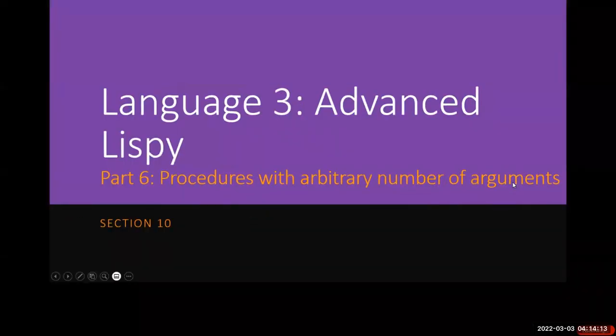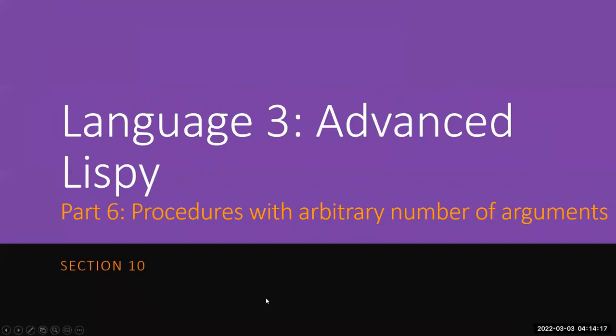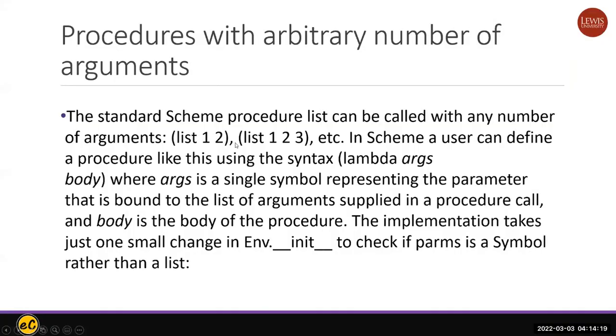So next one, number 6, procedure with arbitrary number of arguments. With this one, we can have the list function and more. You can use the argument list, the star argument that we already taught you in object-oriented programming for Python.